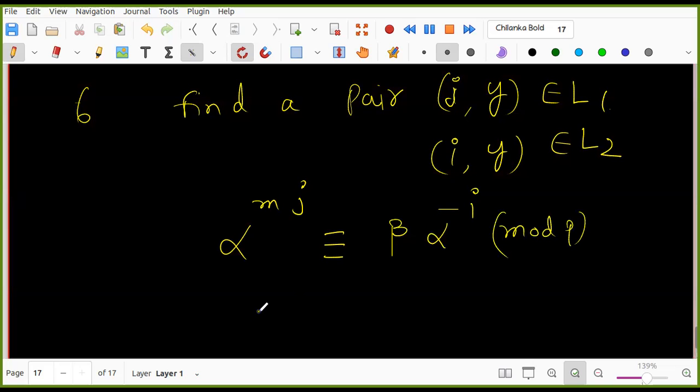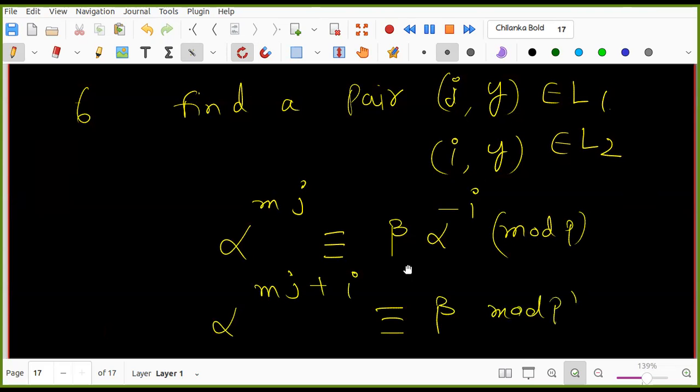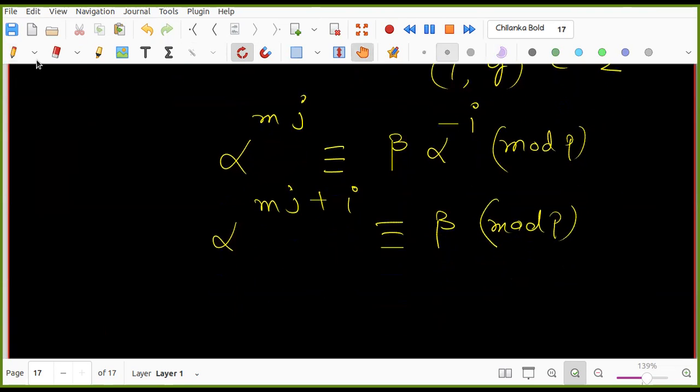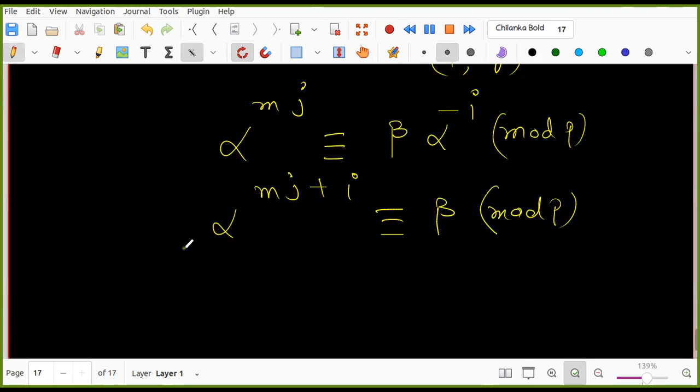From this, alpha power mj plus i is congruent to beta mod n. So I got my x, right? We can associate log base alpha of beta as mj plus i.